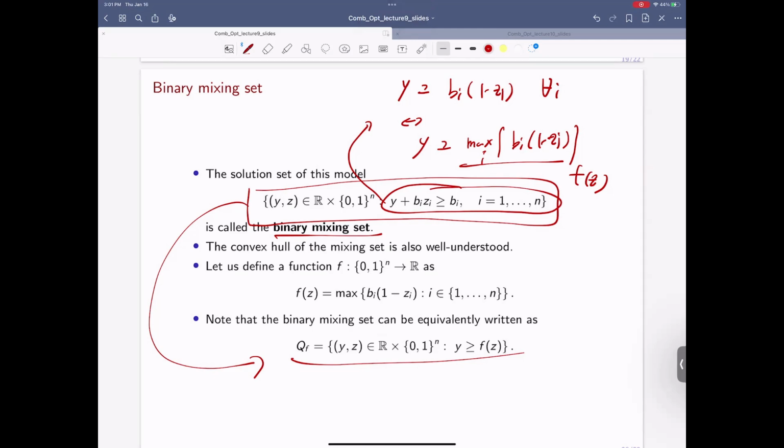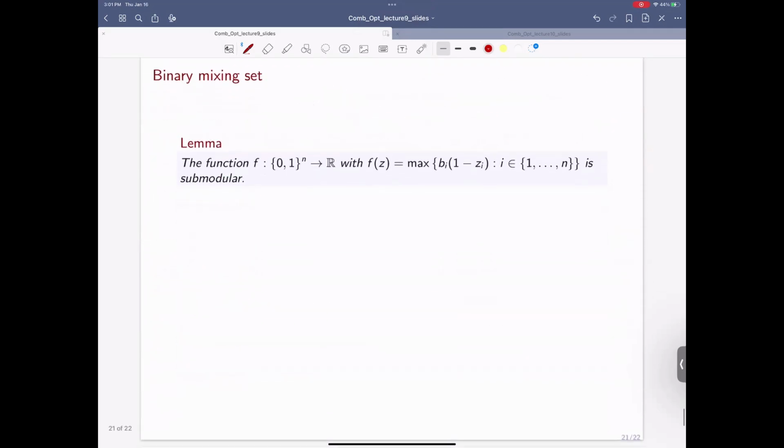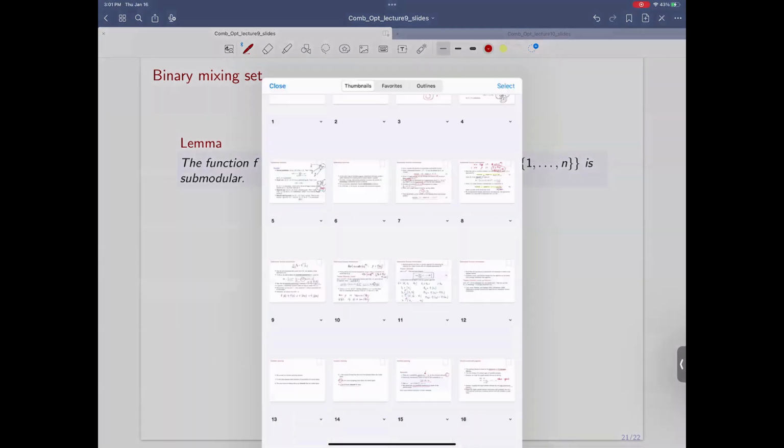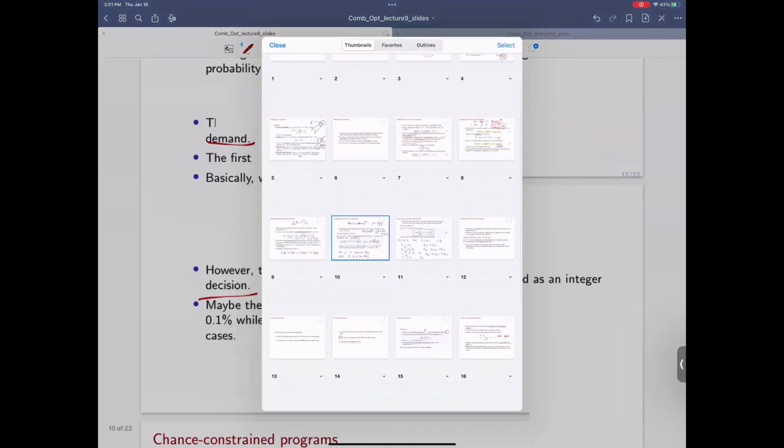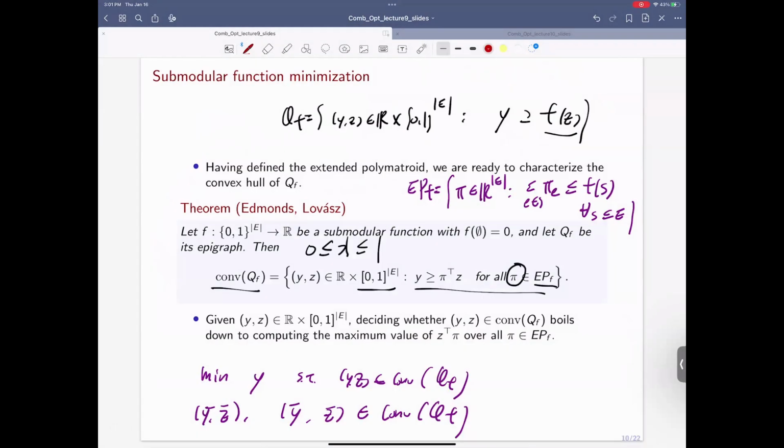What do you do? Well, you can prove that this function is a submodular function. Let's go back to our discussion of the separation problem. When you have a submodular function, the convex hull of the corresponding epigraph is given here, and it's defined by this kind of inequalities.